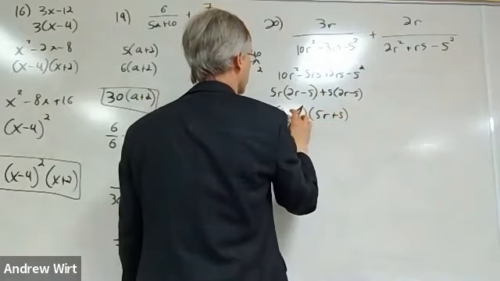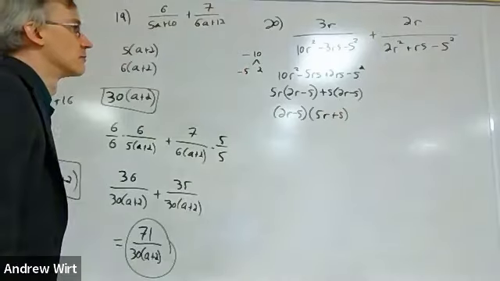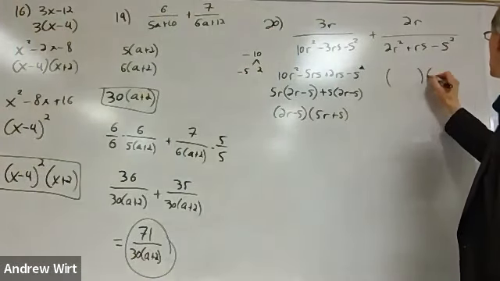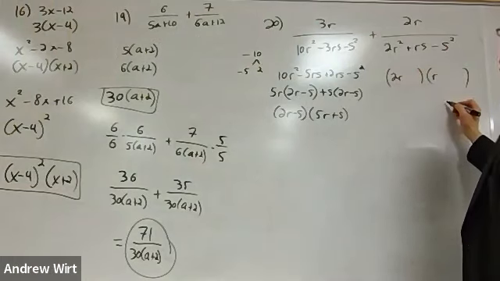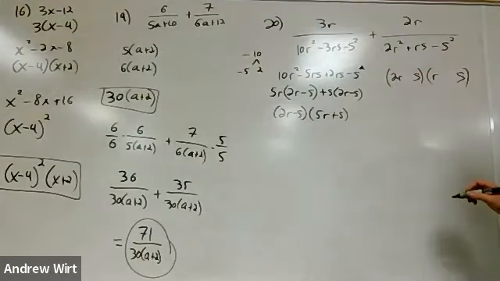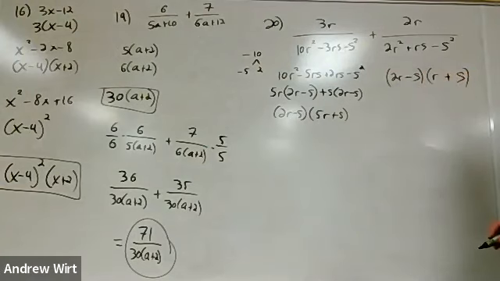So that factors into 2r minus s times 5r plus s. And this one factors into 2r minus s times r plus s. I just did a little guess and check on that one. No need to do the whole method on that.